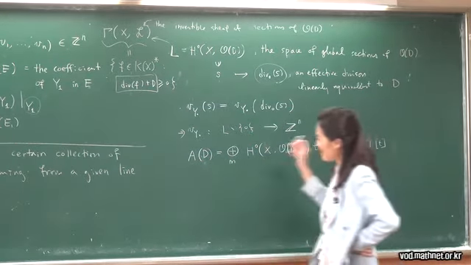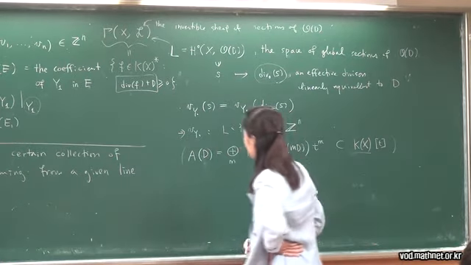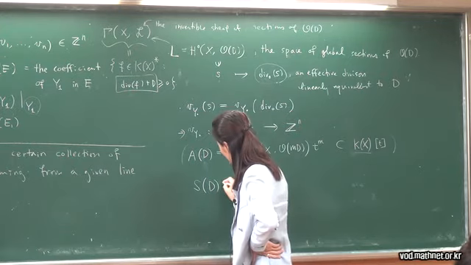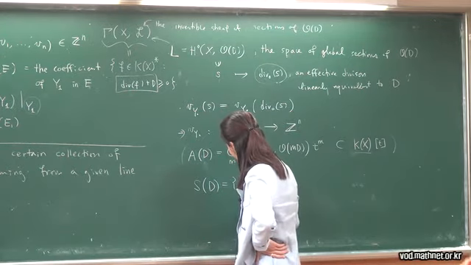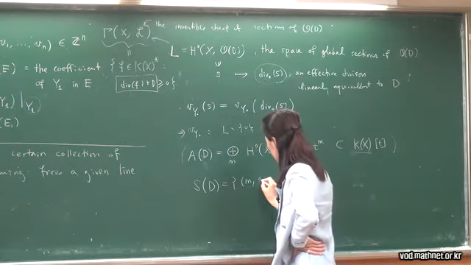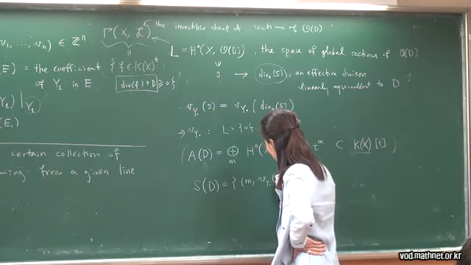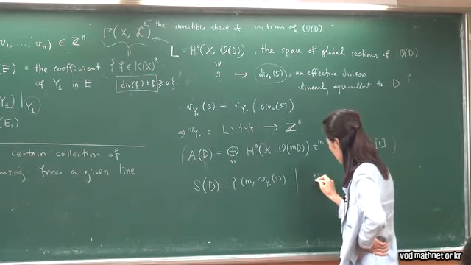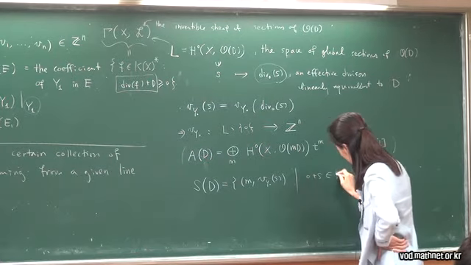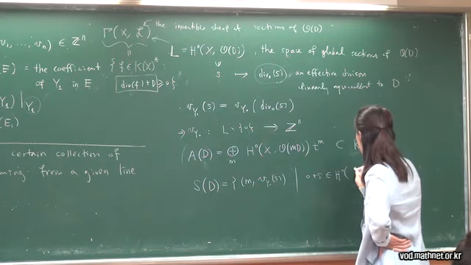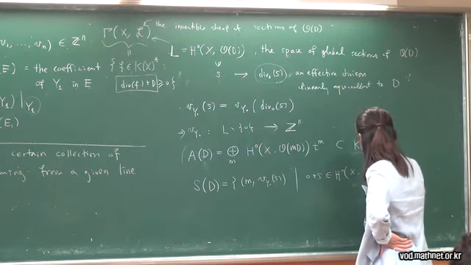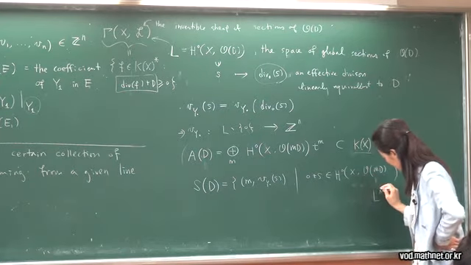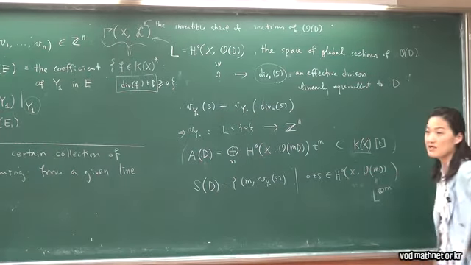So that is the algebra we are considering. The semigroup we are getting is this, V y naught of S, such that S is non-zero and it's a global section of the line bundle coming from M times D, which is nothing but the tensor product of the line bundle.